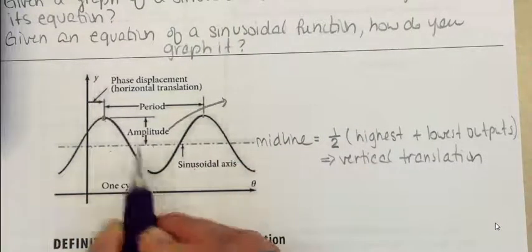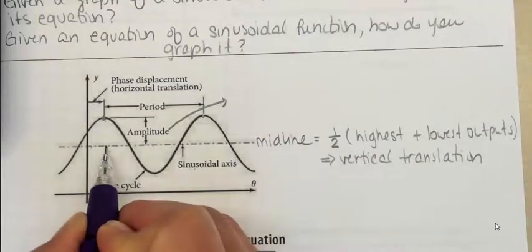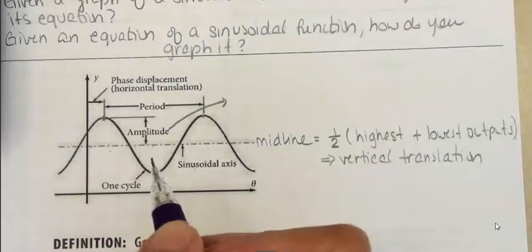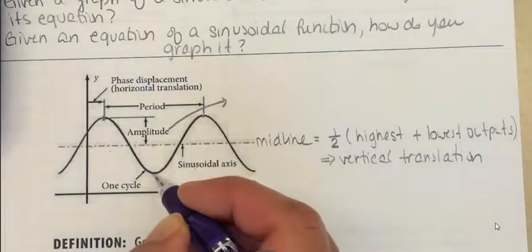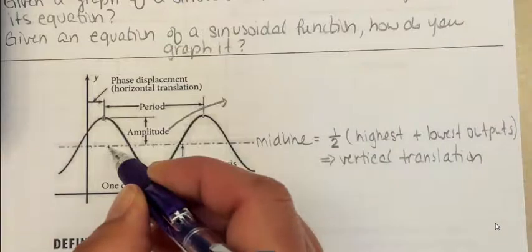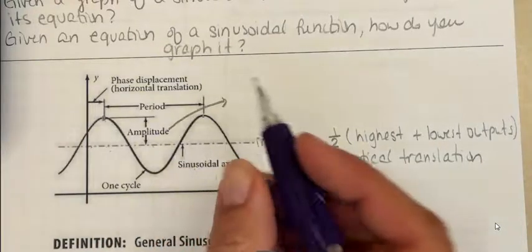To find the distance between these two, we'd subtract them, and we only want half of it, because going from the midline up or the midline down doesn't matter. It's always going to be positive, so you're not going to think of a negative amplitude going down. When they're asking for the amplitude, they're asking how far your highest or lowest point is from this midline.